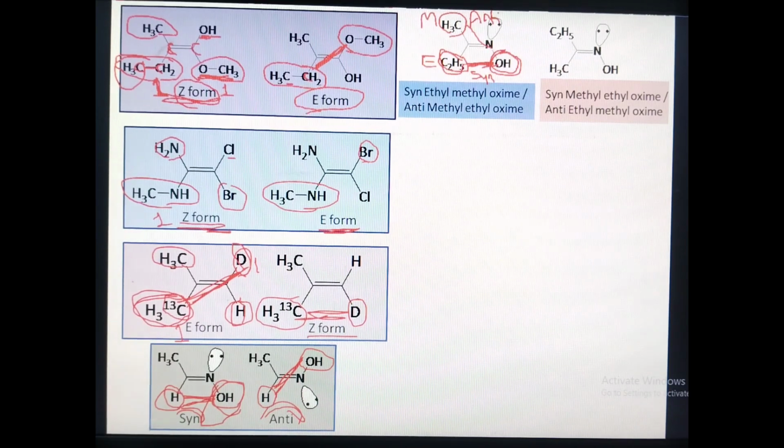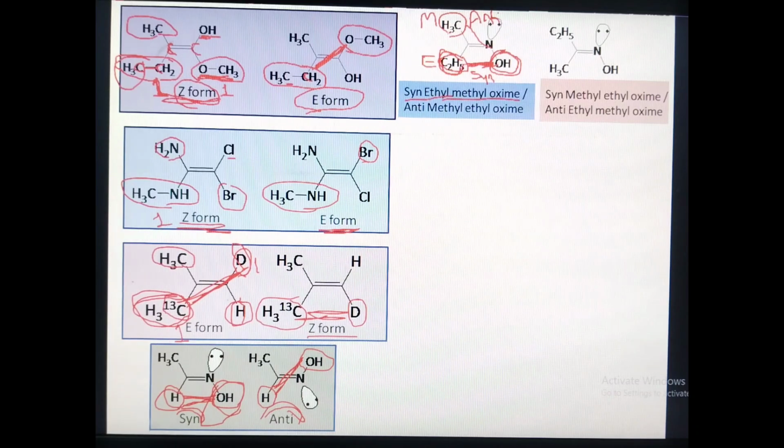When you have to give the name, see here, syn ethyl. The ethyl group is syn to OH, hence we have to give the name syn ethyl. We should not write whether it is one; we have to consider only the ethyl group. When you write ethyl first, then you have to give the name like syn ethyl. There is no need to write anti-methyl. Just write syn ethyl methyl oxime.